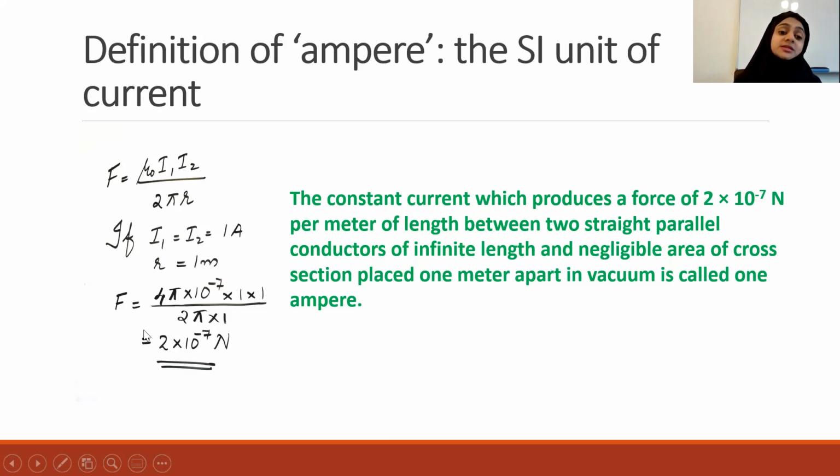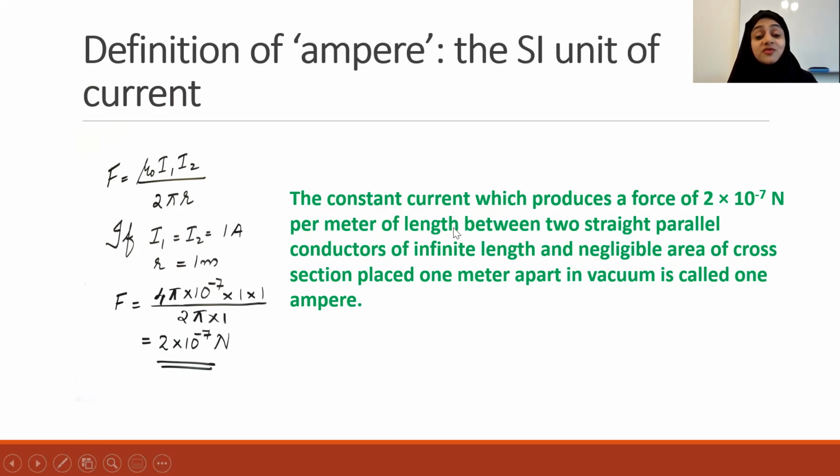And this fact is used in order to define ampere. So what is 1 ampere? 1 ampere we can define in this way: the constant current which produces a force of 2 into 10 raised to minus 7 Newton per meter length, per meter of length.